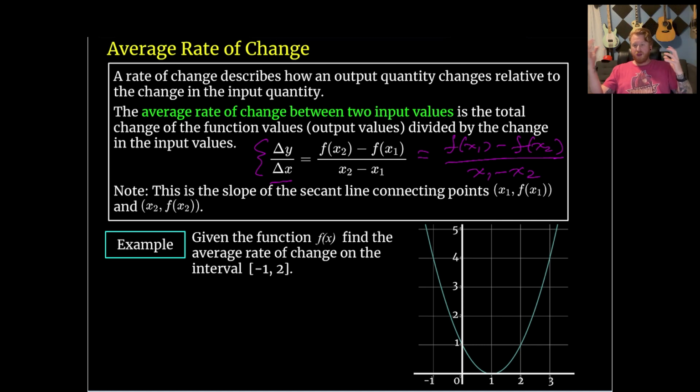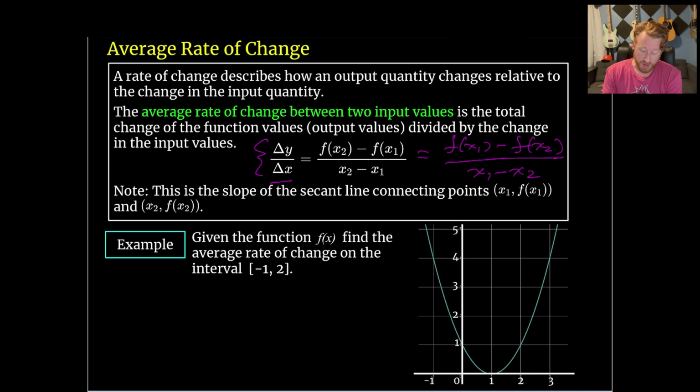The order that we plug in these points doesn't matter, but keeping them consistent is what matters. Note this is the slope of the secant line connecting the points (x1, f of x1) and (x2, f of x2).